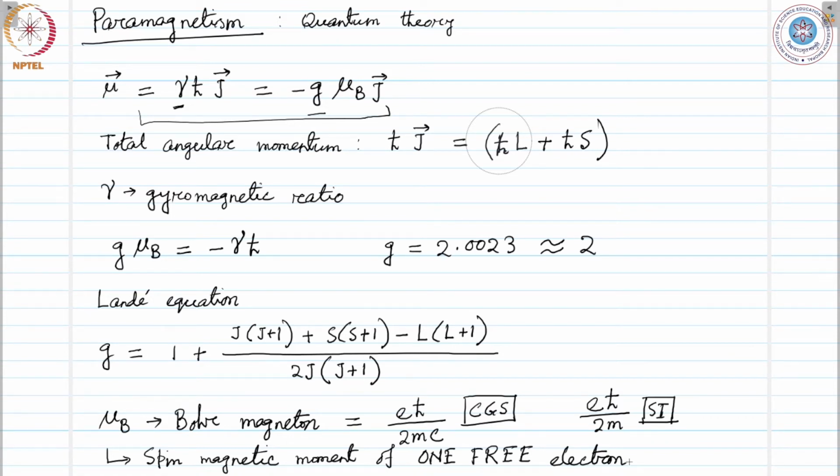Now, we can consider the energy levels of the system in a magnetic field. The energy U would be minus mu dot B, which is m_J g mu B times B, where m_J is the azimuthal quantum number.